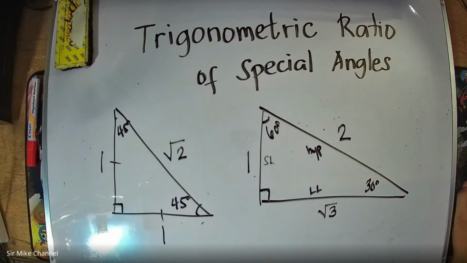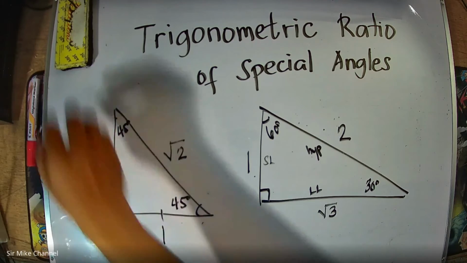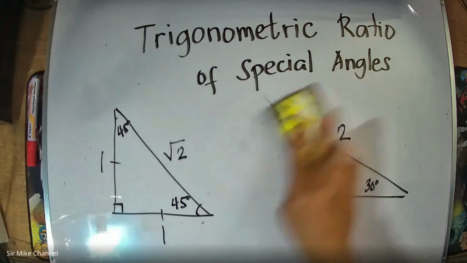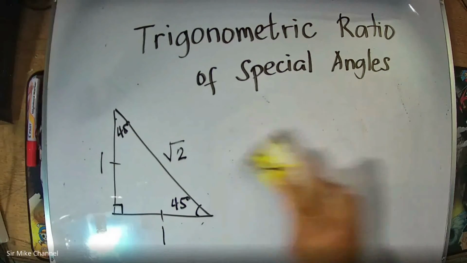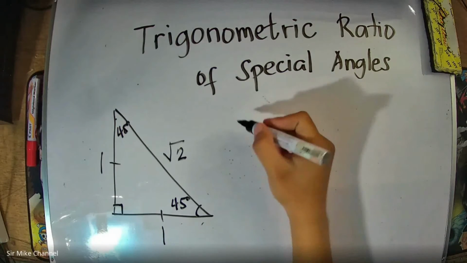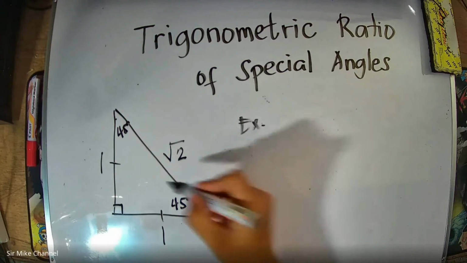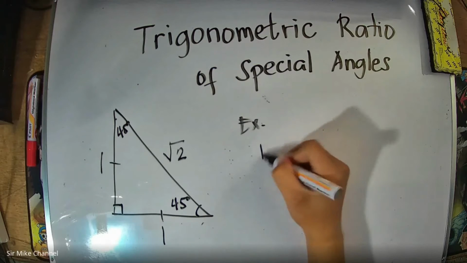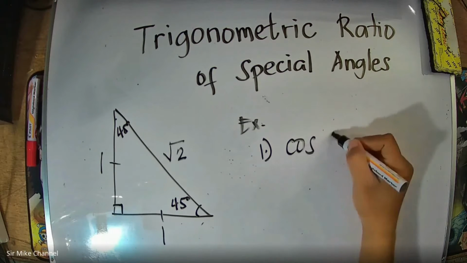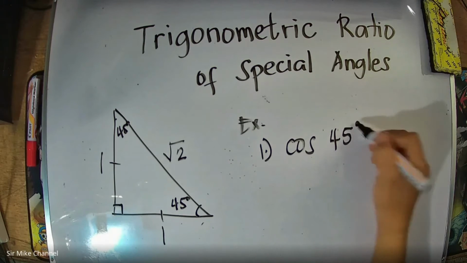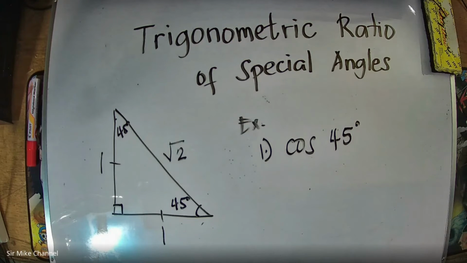Okay, so for example, meron tayong hinahanap natin dito ay, so alamin natin ang measurement ng, let's say, cosine 45. So ano bang equivalent ng cosine 45 degrees?